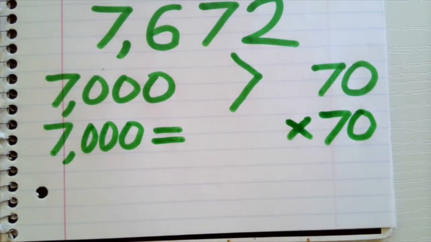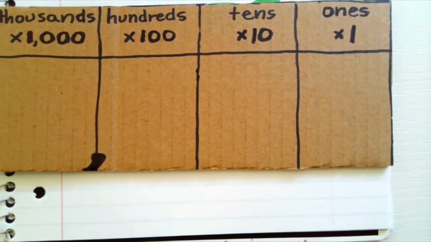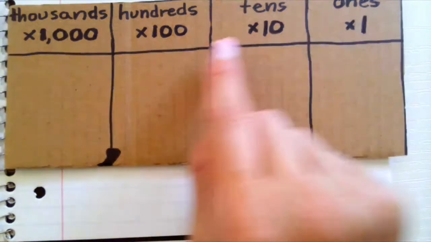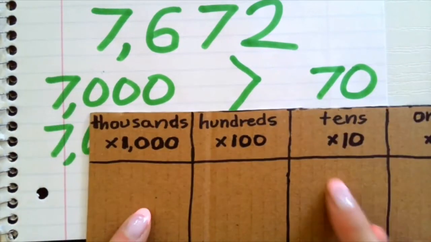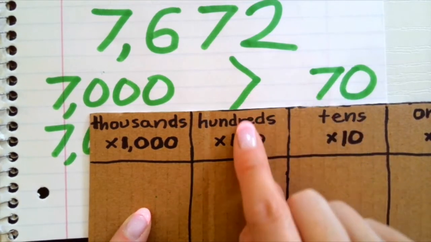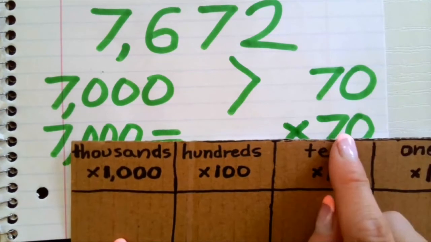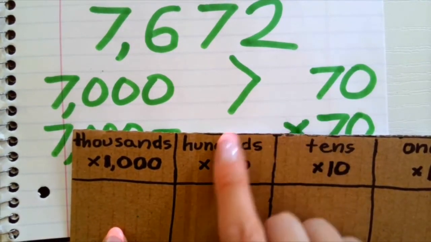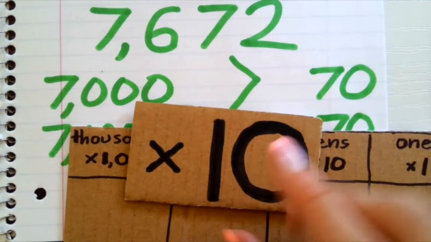We've got a handy dandy tool to do some thinking about it. Remember that if we've got 70 in the tens, it has to go 2 jumps over to get to the thousands. 1 jump over means we multiply by 10.